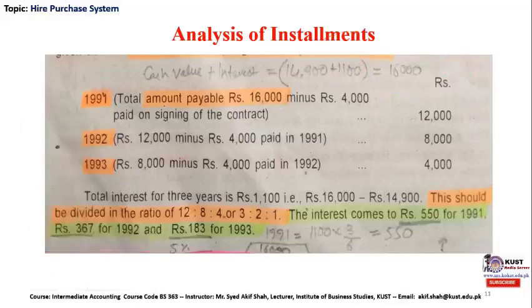The rule says to find out the ratio of outstanding balance. We knew that we had paid 4,000 in down payment in the previous example.